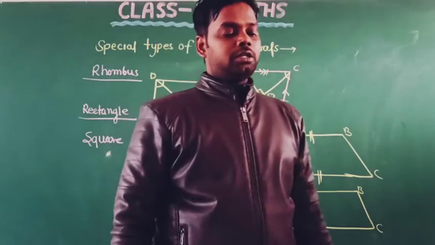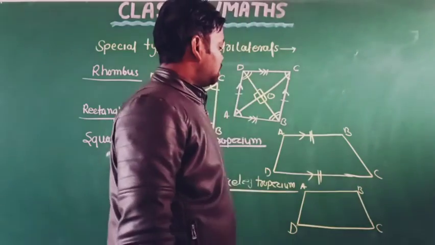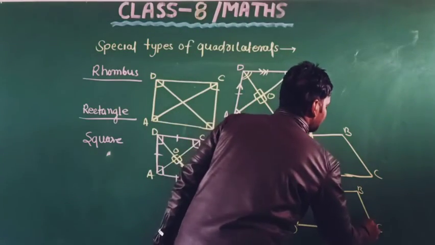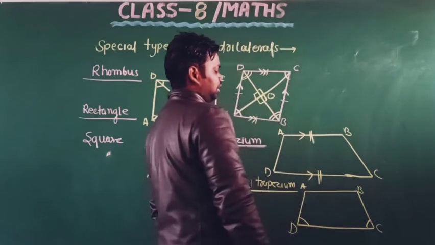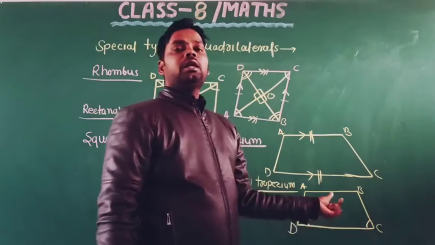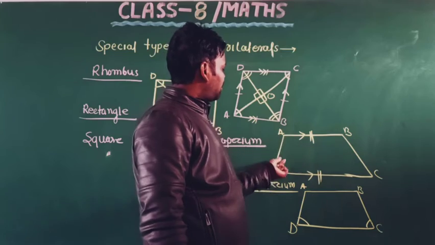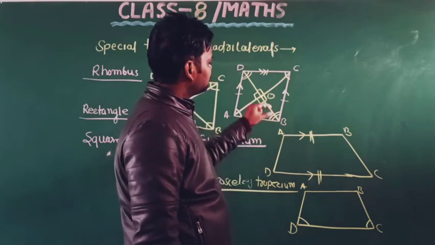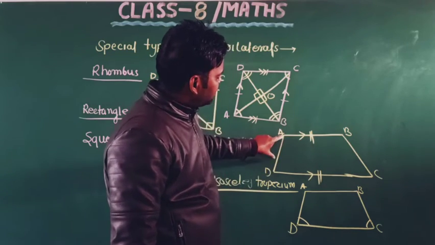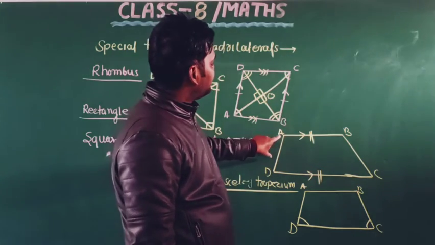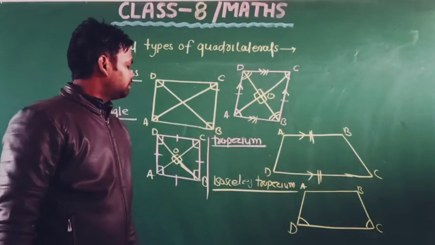So in an isosceles trapezium, angle C and angle D are adjacent angles. These angles are equal. Angle C and D are equal. And in a trapezium, the sum of adjacent angles is supplementary, meaning 180 degrees, and similarly this is 180 degrees.